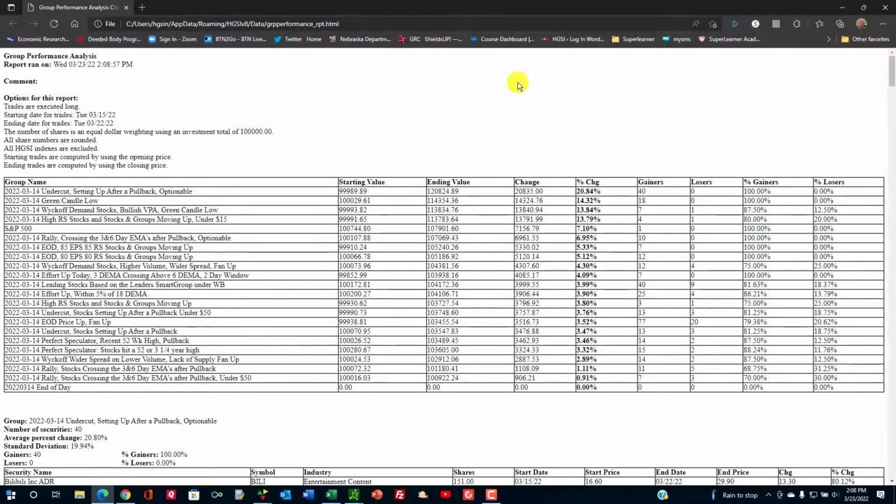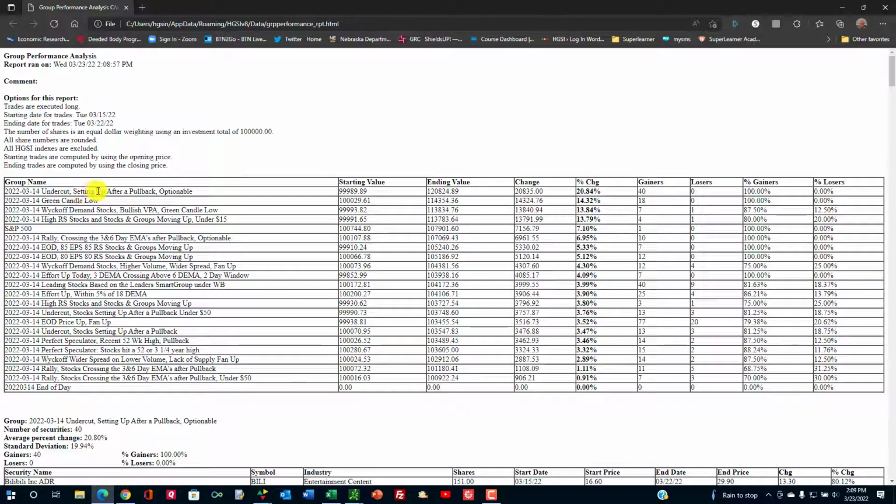So I'm going to run this, and it comes up this quickly, the HTML. You can see that I ran it today on the 23rd, and the starting date was the 15th, and the ending date was the 22nd, and these are the results based upon all of the groups from the 14th.